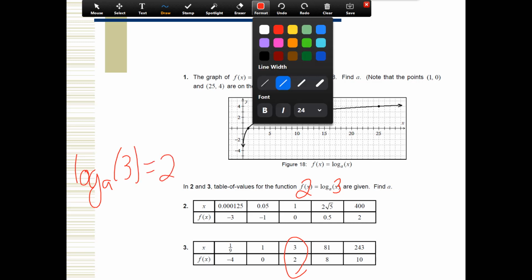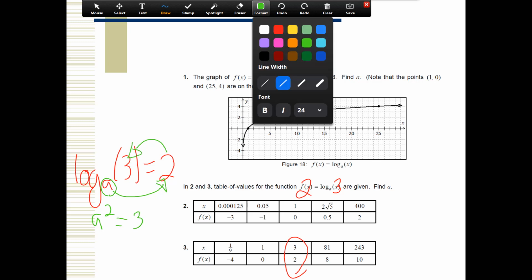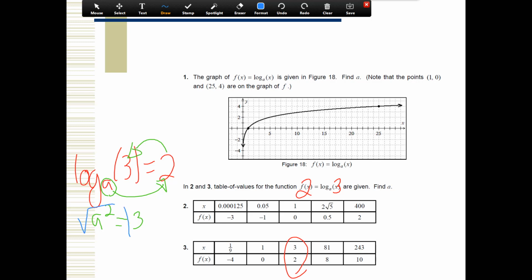Now let's go ahead and loop this. A to the second power equals 3. And now we can go ahead and square root both sides, and A ends up being square root of 3. That makes the function for number 3, f of x equals log base square root of 3 of x.